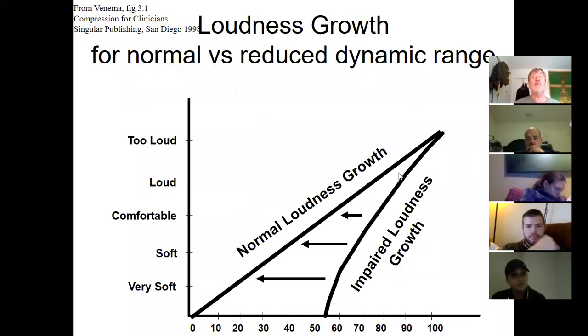You're squeezing a big dynamic range into a little dynamic range. You're compressing it. You're amplifying soft sounds by a lot, and you're amplifying average sounds by less, and you're amplifying loud sounds by little or nothing at all. Think of an amplifier that constantly is changing the amount by which it's amplifying.